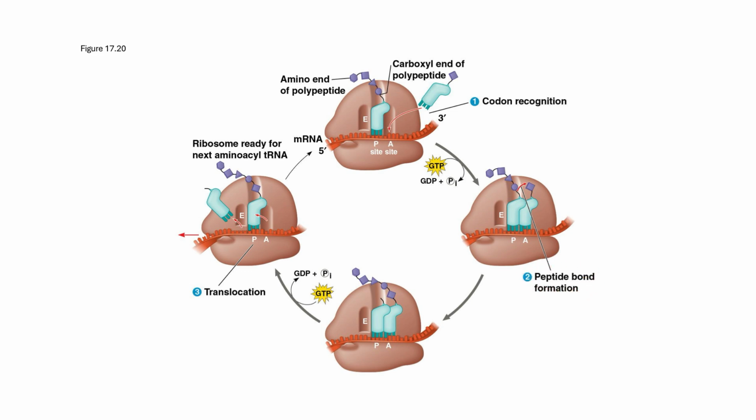In peptide bond formation, that is where we're going to have one amino acid linked to the other, forming those covalent or peptide bonds between amino acids. And then finally, we have translocation, which is where the tRNA is going to move to another site on the ribosome, another ribosomal site, and this process of moving is going to also require energy in the form of GTP.